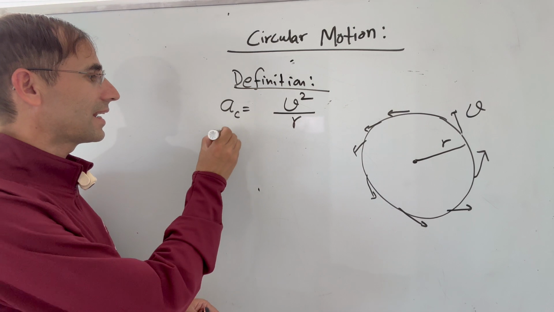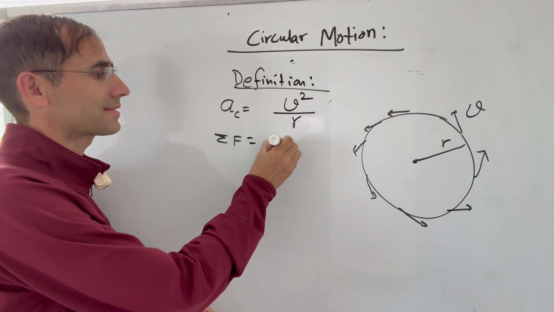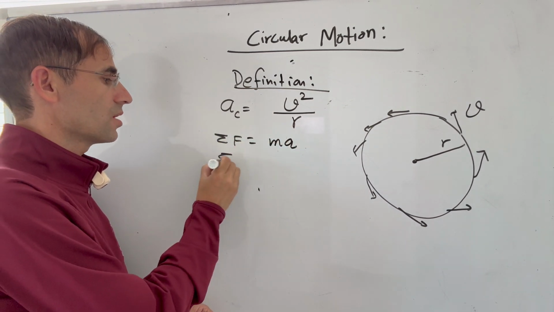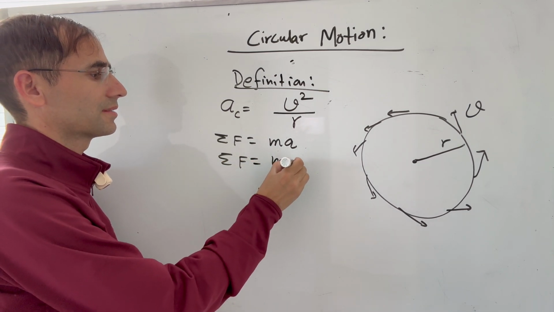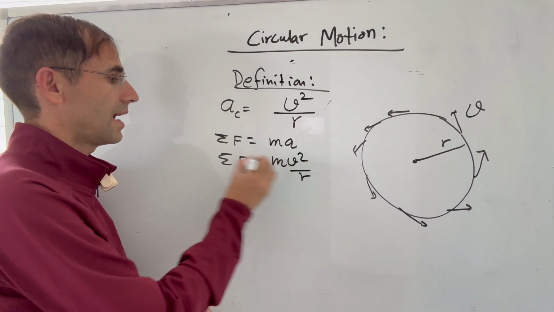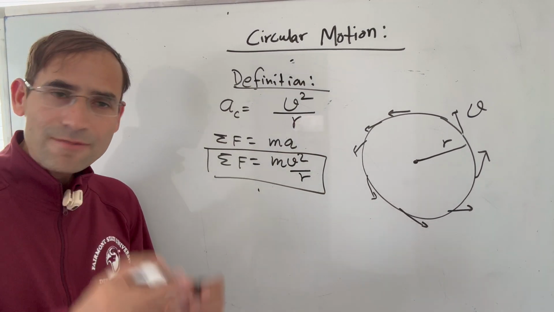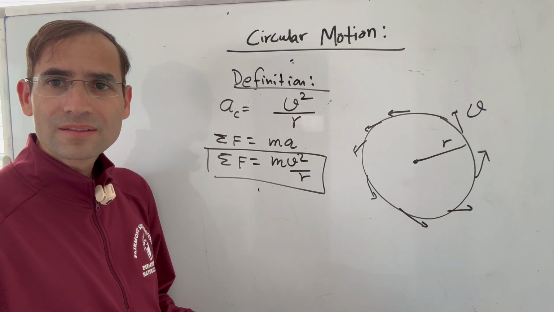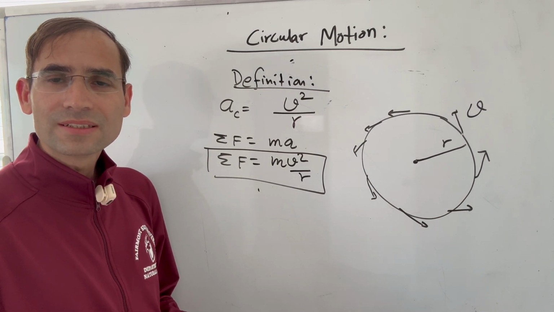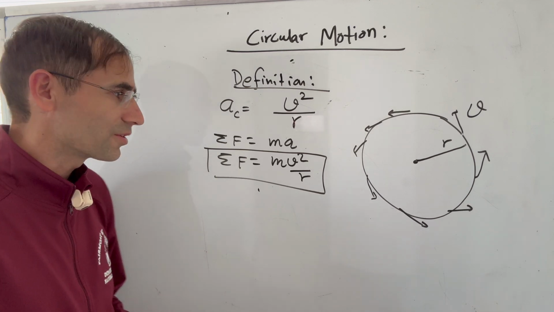And from Newton's second law of motion, the net force is equal to mass times acceleration. So this net force is equal to mass times v squared over r. When the object is going around the circular path, that net force is the centripetal force.